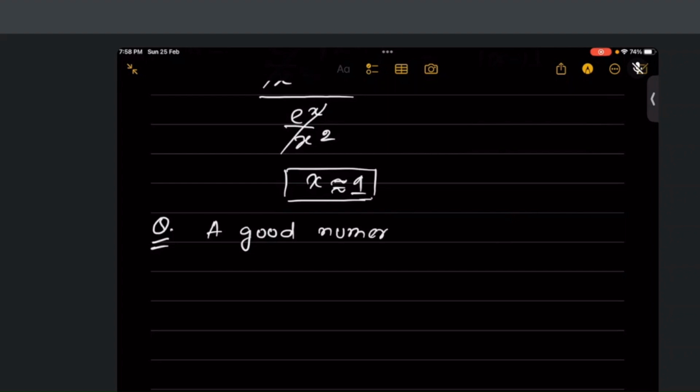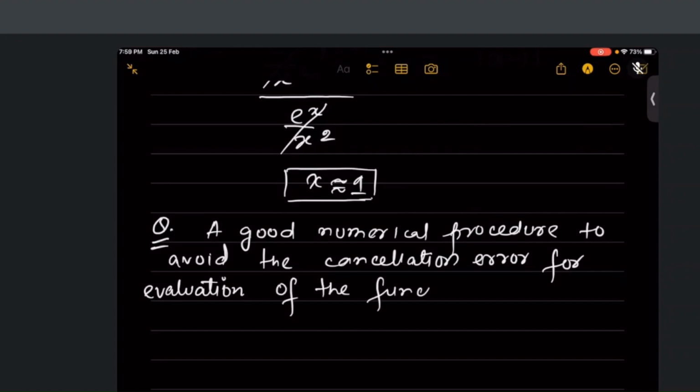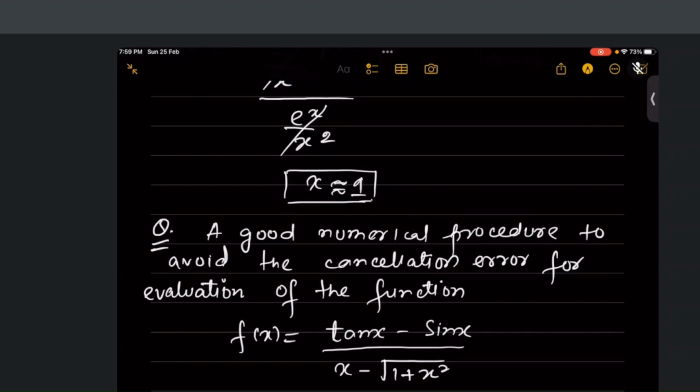A good numerical procedure to avoid the cancellation error for evaluation of the function f of x is equal to tan x minus sin x, whole divided by x minus under root of 1 plus x square, where x belongs to R.